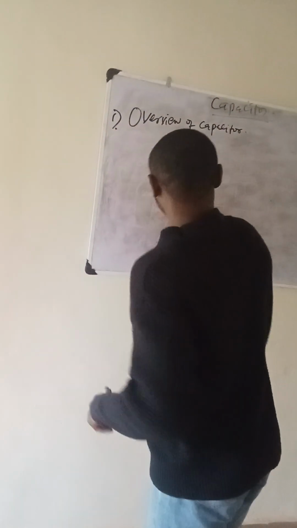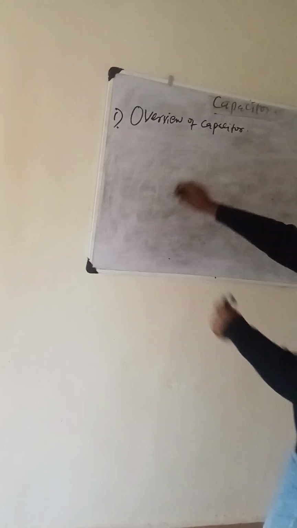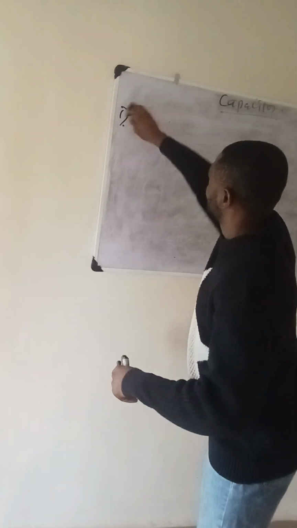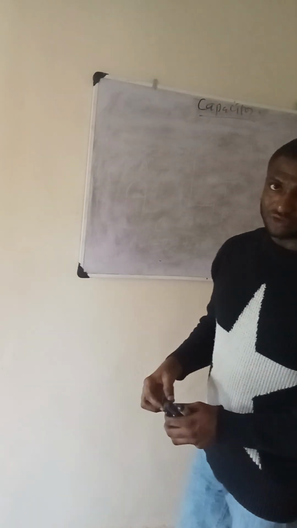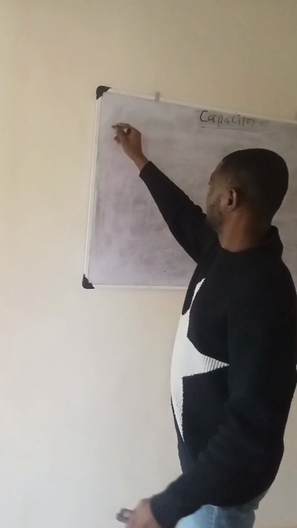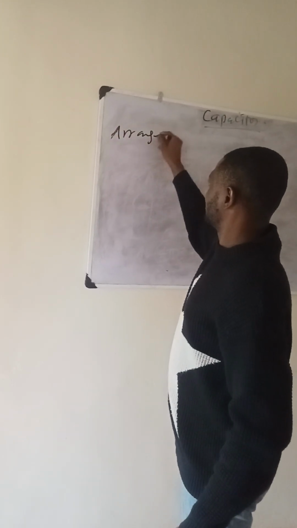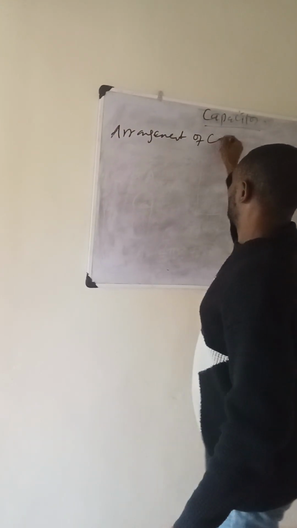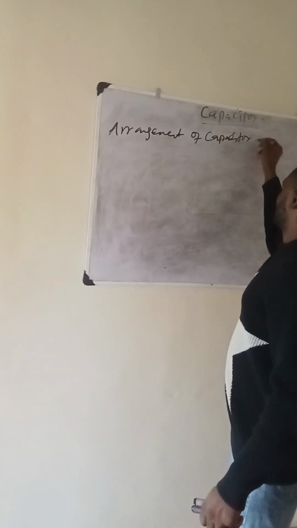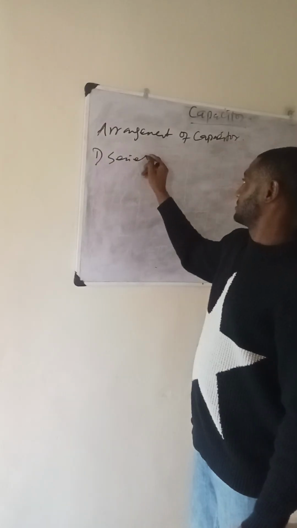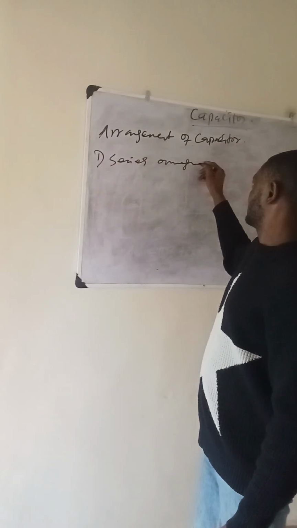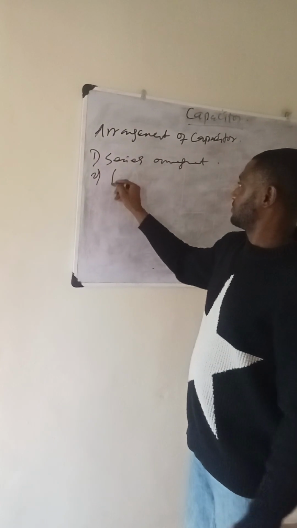In our arrangement, I will not go into derivation. I want you to know that we have arrangement of capacitors, and we have two types of arrangement: series arrangement and parallel arrangement.